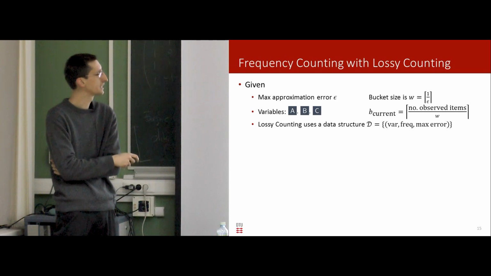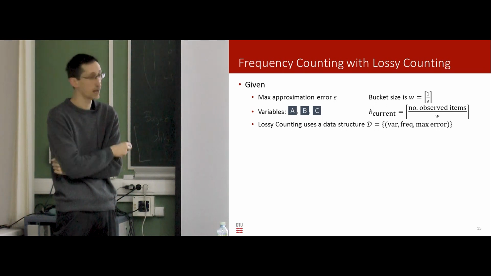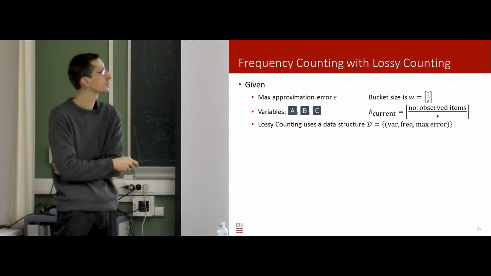And the current bucket, we will see in a minute what this is, is also computed based on the number of elements we observed so far divided by the size of the bucket, which again is a parameter of the approximation error.